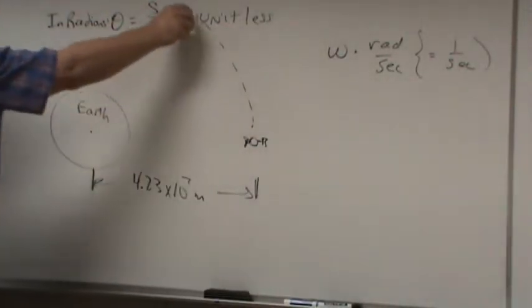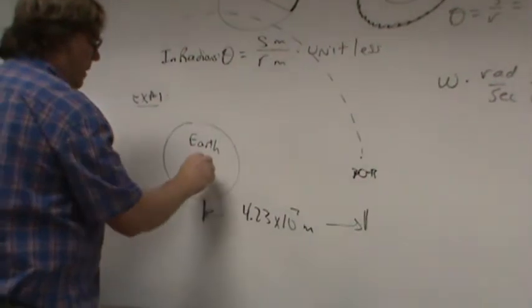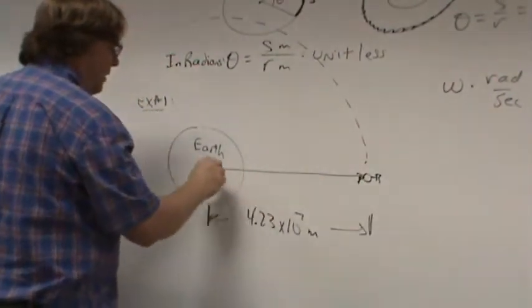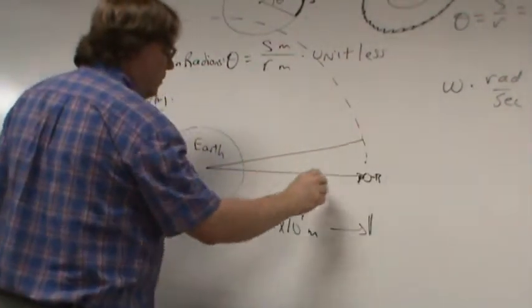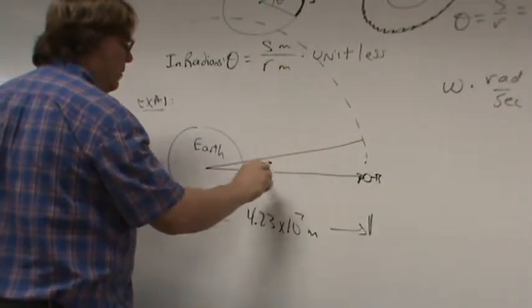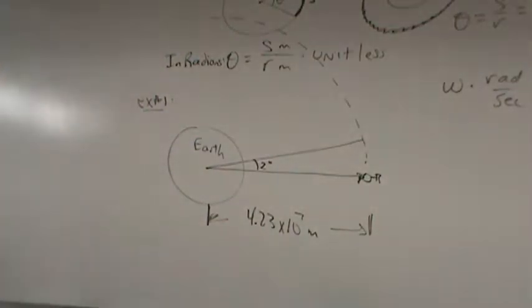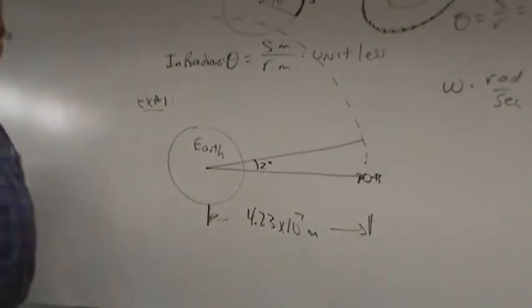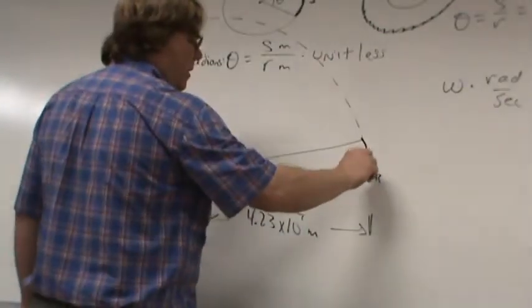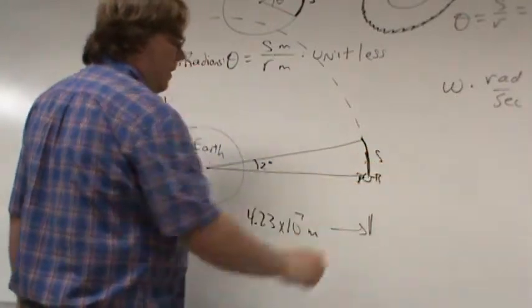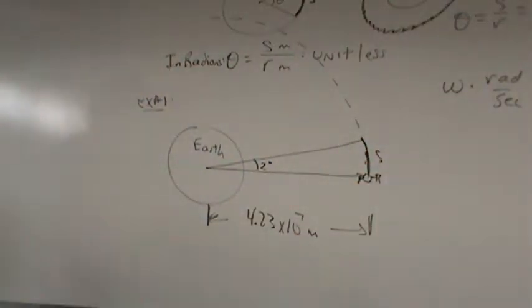This satellite is moving in a circular motion, and it just so happens the satellite moves through 2 degrees. I want to know the distance that the satellite traveled.